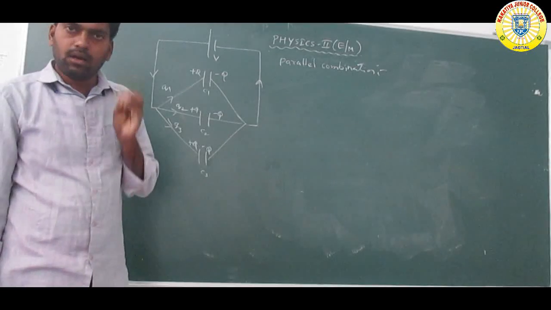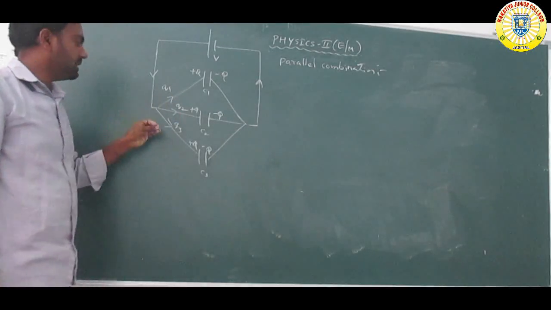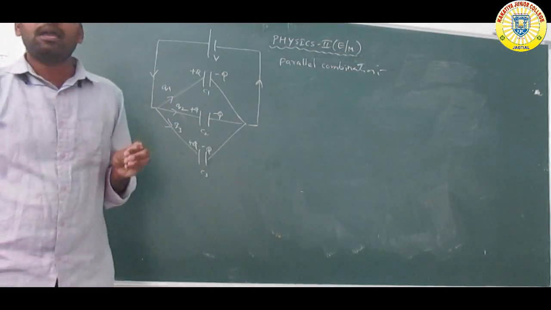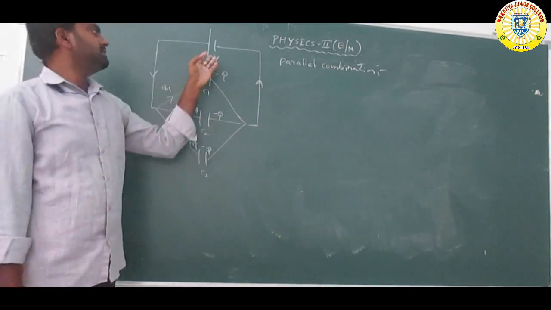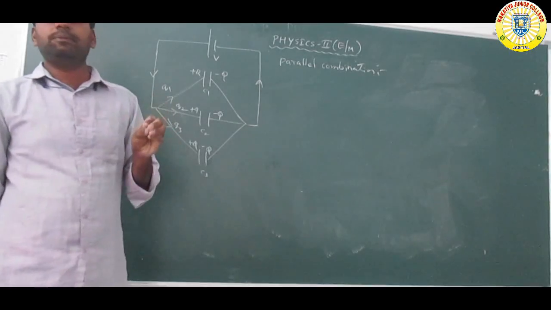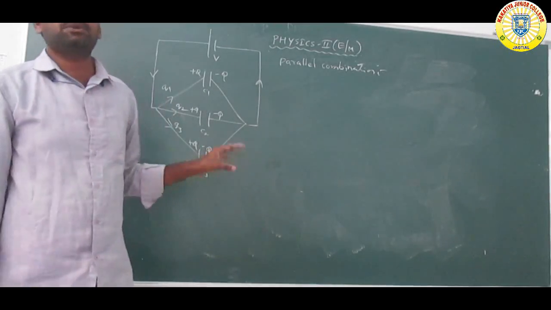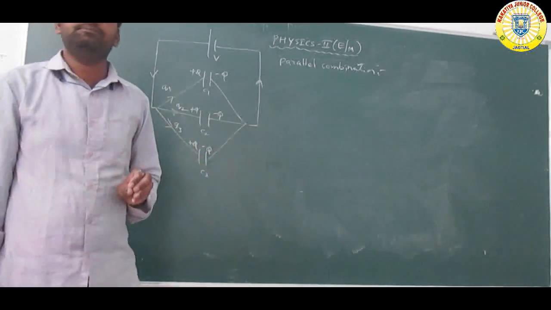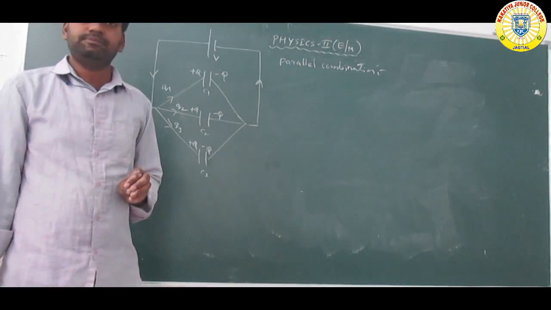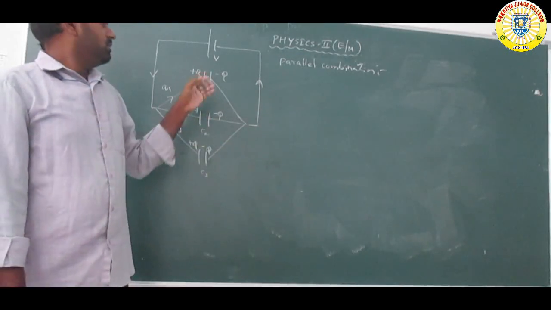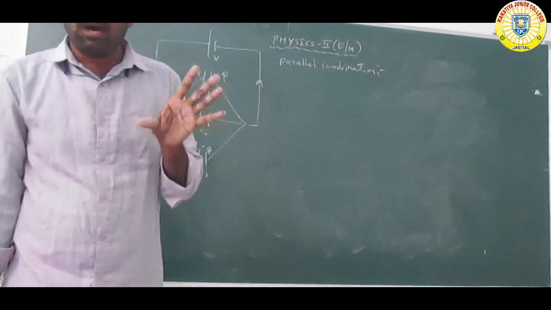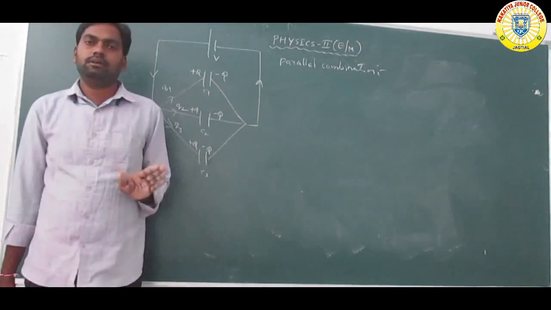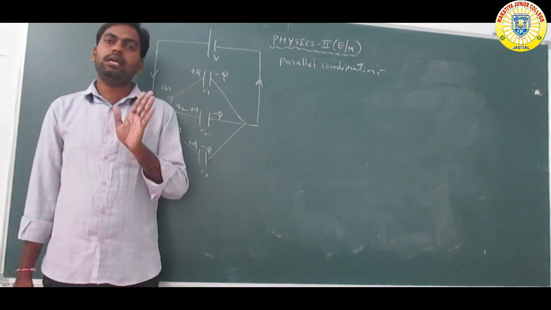In this parallel combination, C1, C2 and C3 are the capacitances of the capacitors, and the potential difference across the battery is V, as shown in the circuit diagram. So the potential difference on each capacitor is equal, but the charges are not equal.